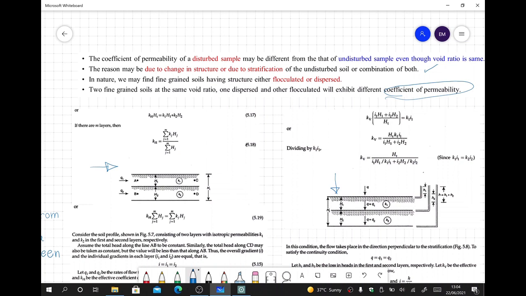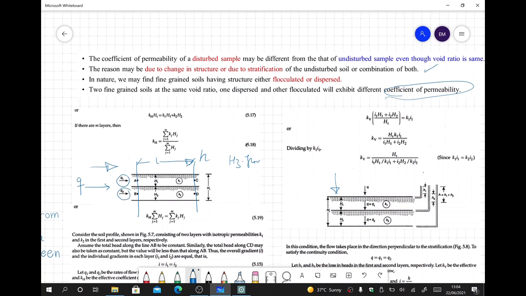Okay, so now we talk about the first case, the horizontal flow case. We imagine that flow is happening from section AB to CD, let's say this length is L, and while water is moving from AB to CD, it has a head loss, let's call that head loss H. If Q is the total discharge coming into these layers, Q1 discharge will go in the upper layer and Q2 discharge will go in the lower layer.